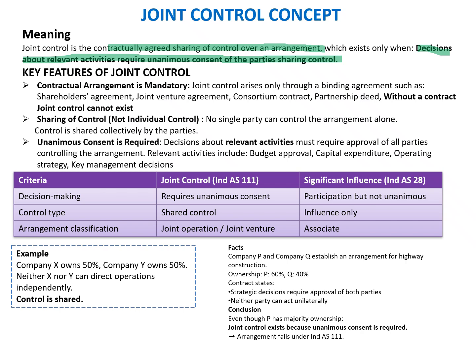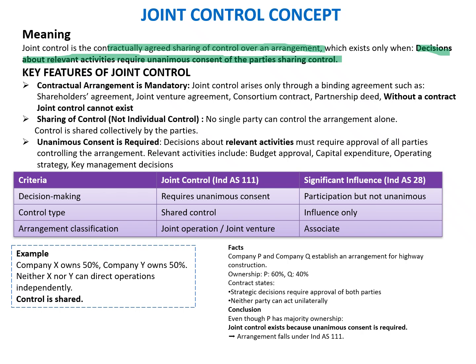The two key terms to understand are that the agreement has to be contractually agreed, and that the decisions on the joint arrangement will be taken unanimously. It's not like one party can take the decision and the other party is just a muted party. Both have to be unanimous in taking the decisions.